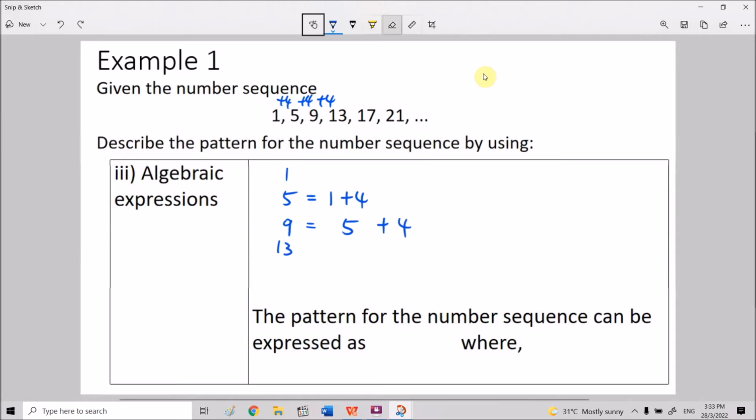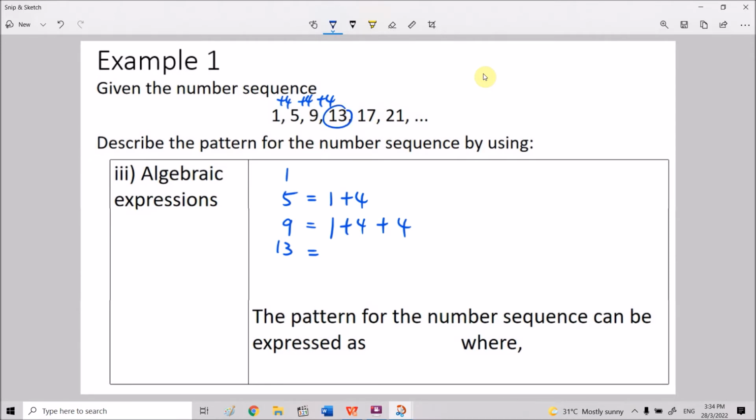So, what do I mean? I erase this. I'm substituting the 5 with 1 plus 4 because 5 equals 1 plus 4. Hence, I get this. Let's double check the answer: 1 plus 4 plus 4, you get 9. Okay, we'll come back to this in a while. Now we continue.